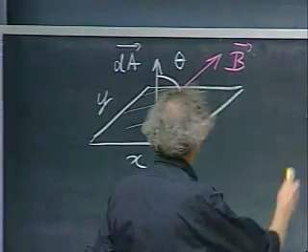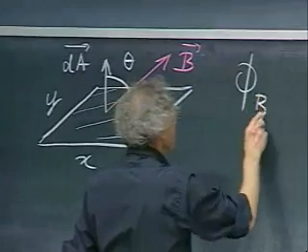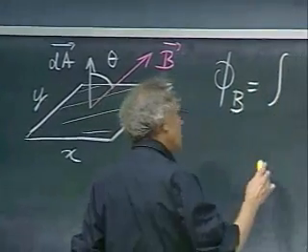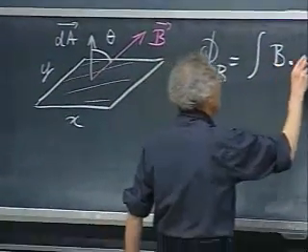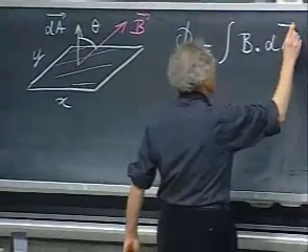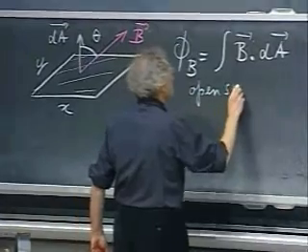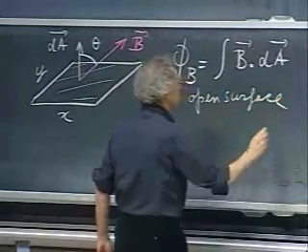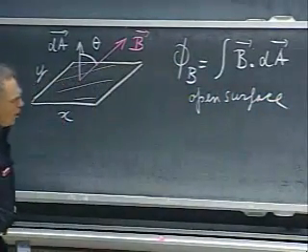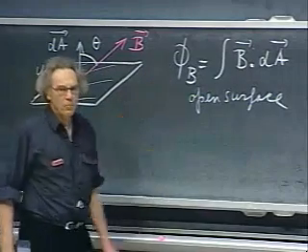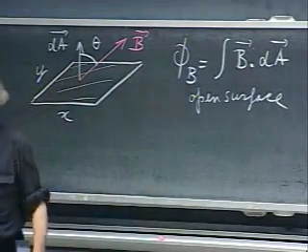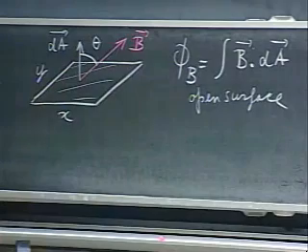So the flux, phi B, is defined as the integral of B dot dA over this open surface. Flux is a scalar. It's plus, or it's minus, or it's zero.